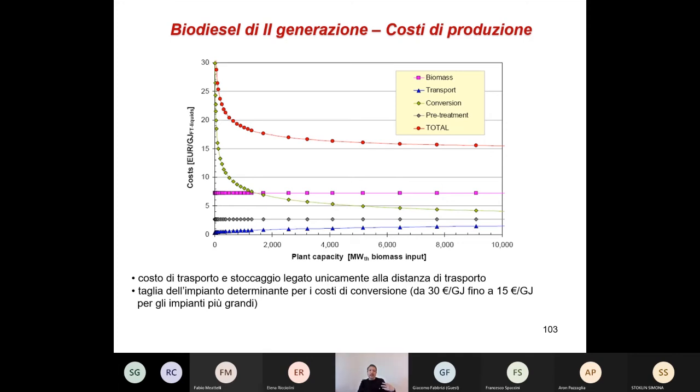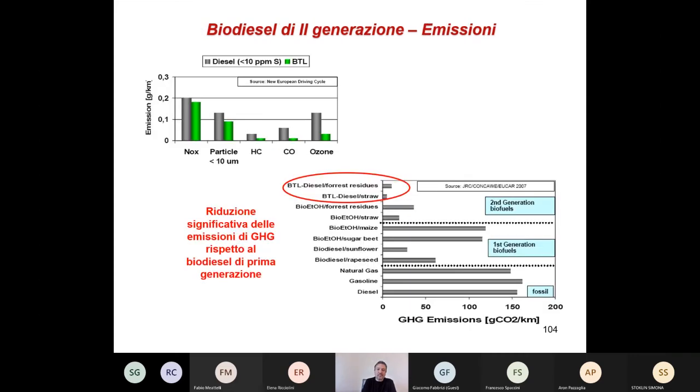The last consideration is environmental consideration, and just to appreciate, for example, the greenhouse gases emissions of fossil fuels, first generation biofuels and second generation biofuels.